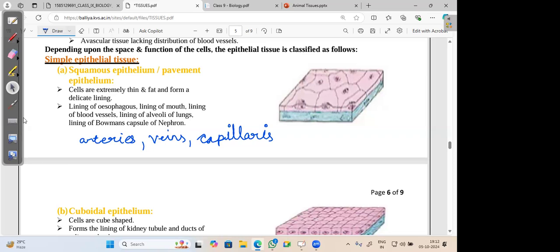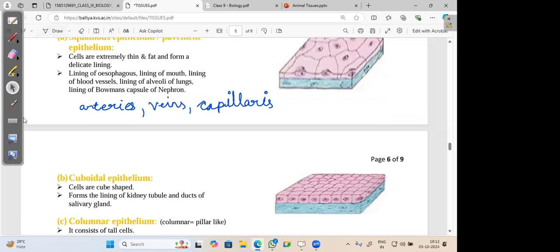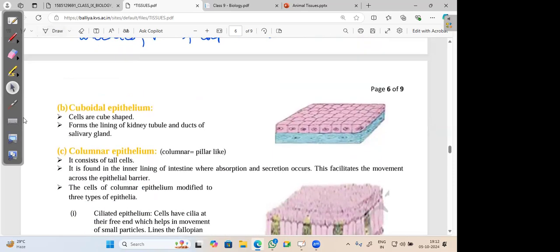Alright. About the cuboidal epithelium, the cells are tube-like. They form the lining of the kidney tubule and the ducts. So both the squamous tissue and the cuboidal tissue are present in the kidney.